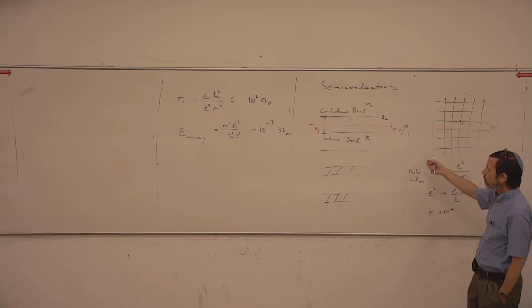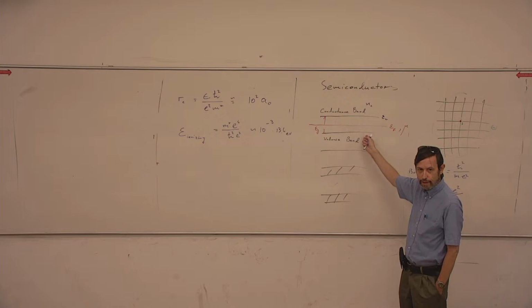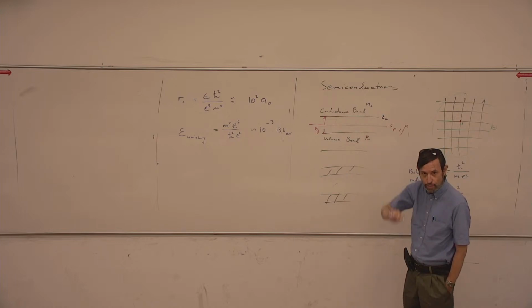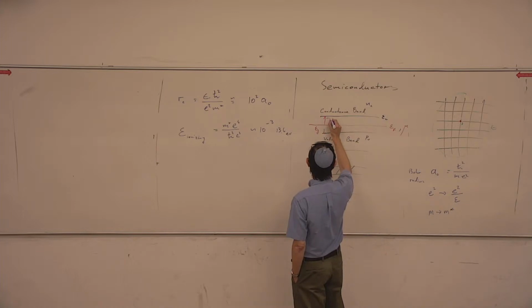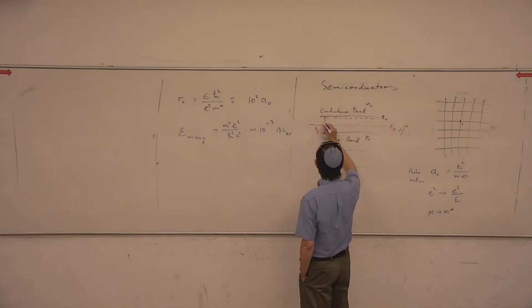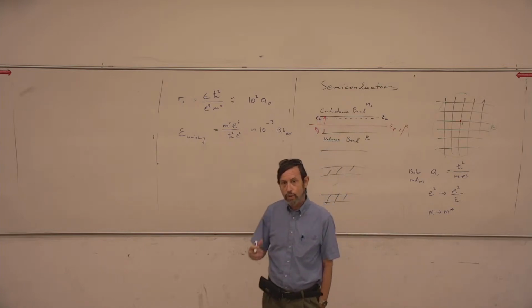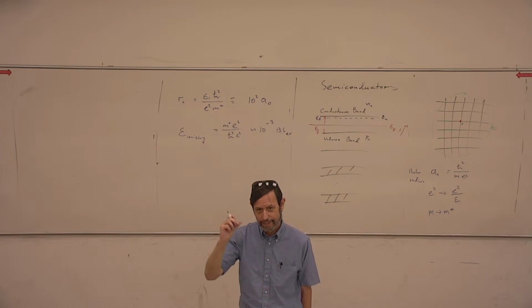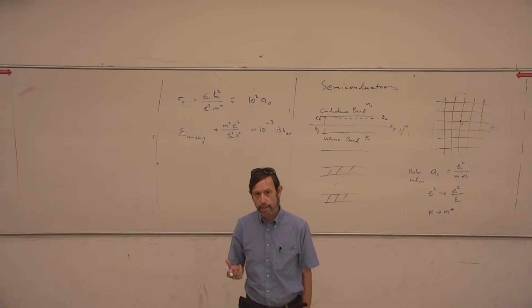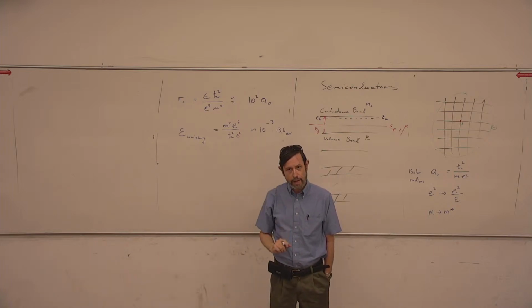Instead of something of order 1 or 2 electron volts, 0.01 electron volt of energy is enough to move it to the conduction band. So effectively I have energy levels connected to the donors that are on the verge of being in the conduction band. A small change in temperature, and they'll start moving up.